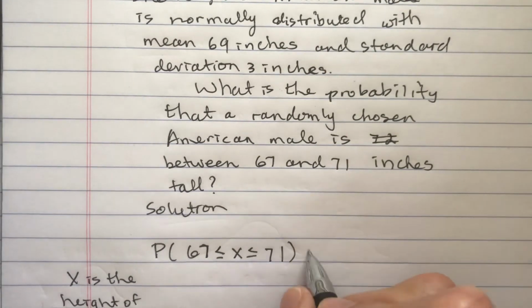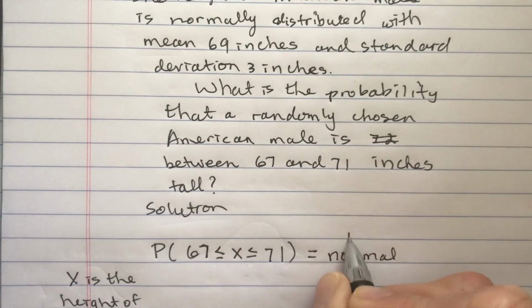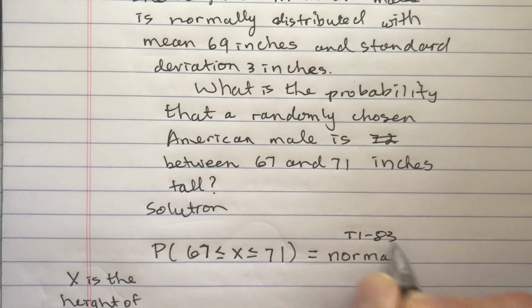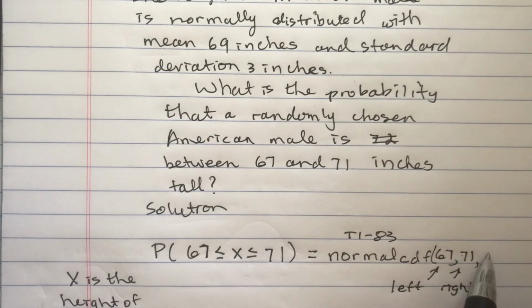I'm going to use, as I showed in the other video, the TI-83. I'm going to use normal CDF. The left endpoint is 67, the right is 71, then 69 is the mean, and sigma is 3.